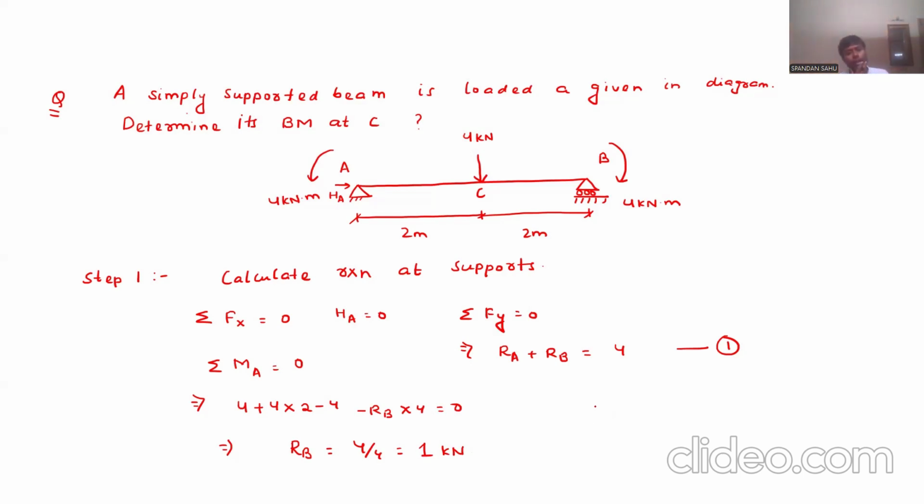Have we done it correctly? Just check. Clockwise we are taking positive. So 4 minus RB into 4 plus 4 into 2, then minus 2.